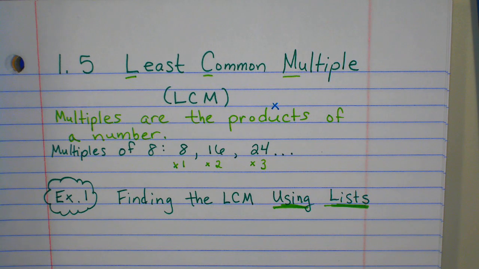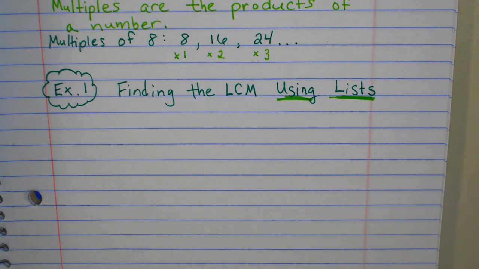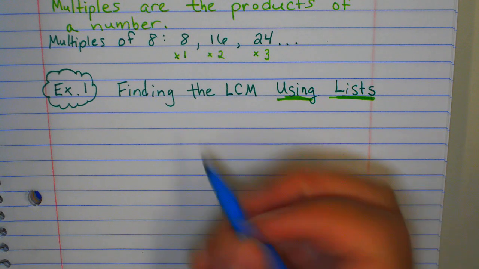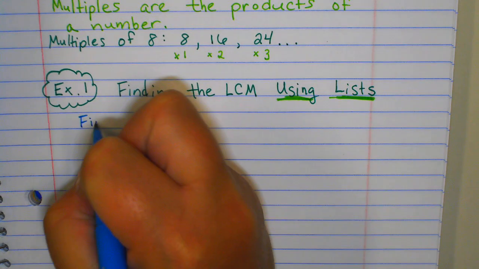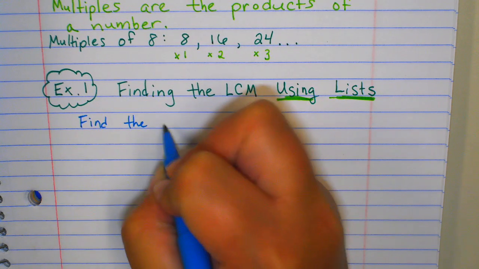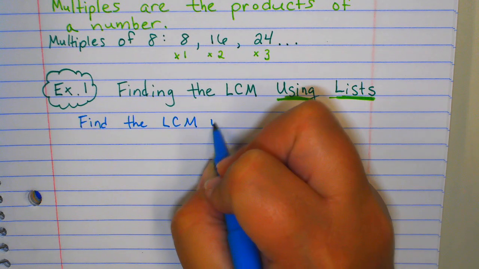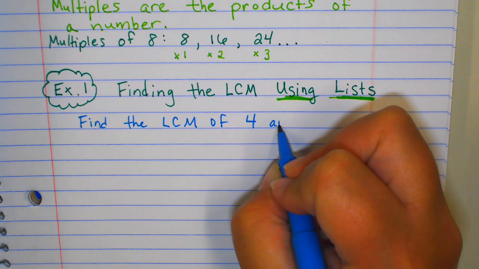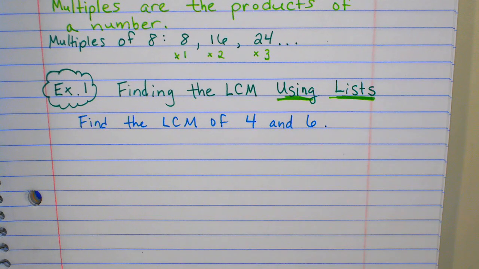If the direction says to find the LCM of the numbers 4 and 6, we would start listing all of the multiples of each of those numbers.